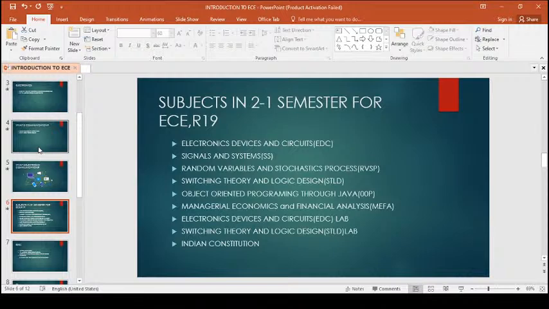So coming to the 2-1 subjects, we have a total of 6 subjects and 2 labs, and one more thing: the Indian Constitution has also been introduced in the 2-1 semester for R19 regulation students.